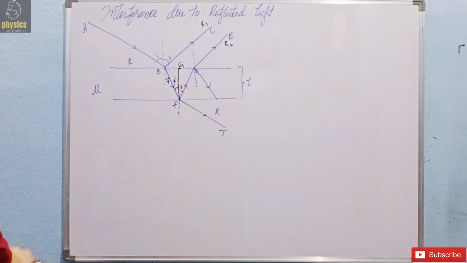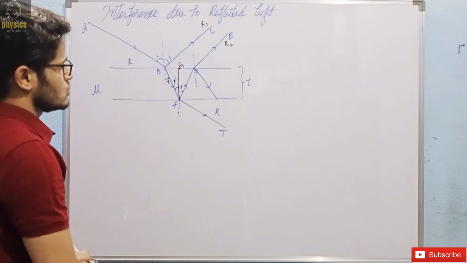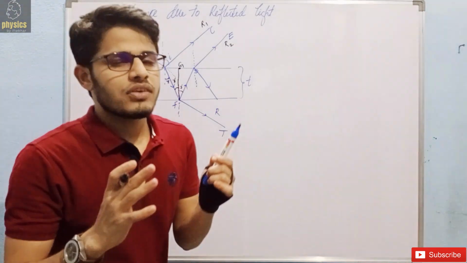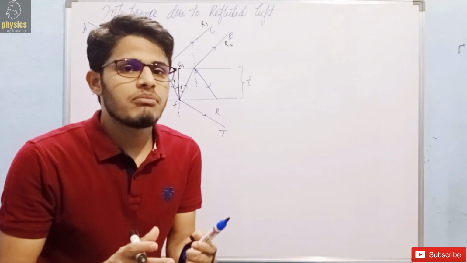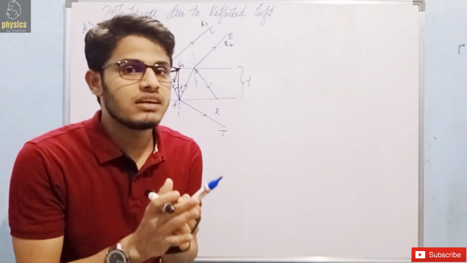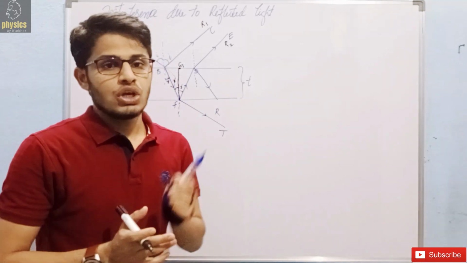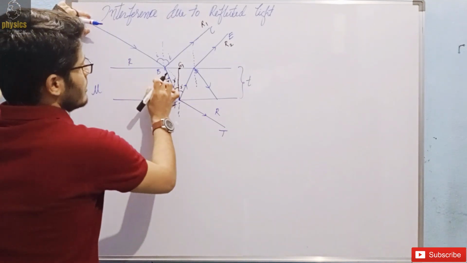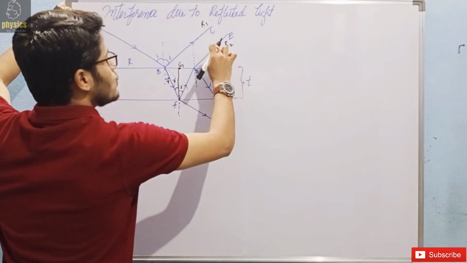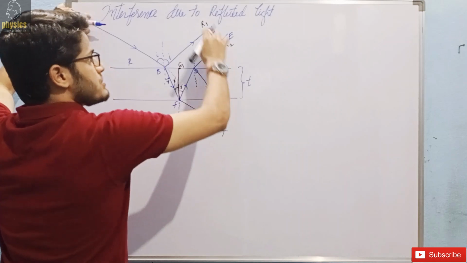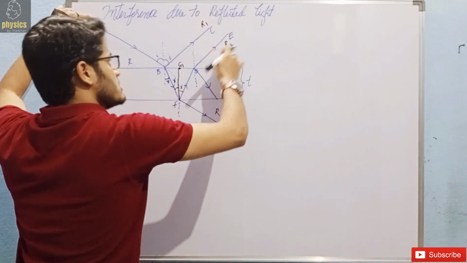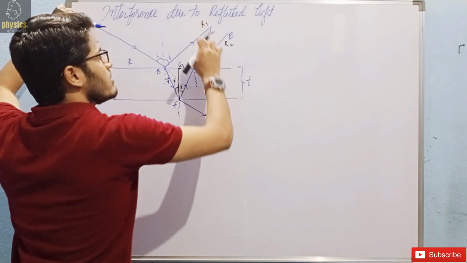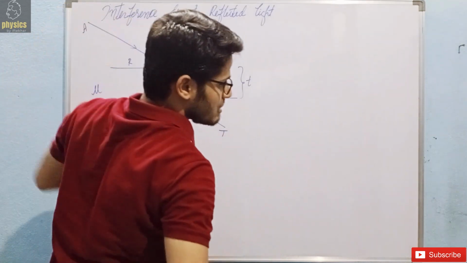Now what we have done, you see, we have created a coherent source using a single source, that is this source. The thin film has created two light sources which have the same wavelength, same frequency, and a constant phase difference between them.